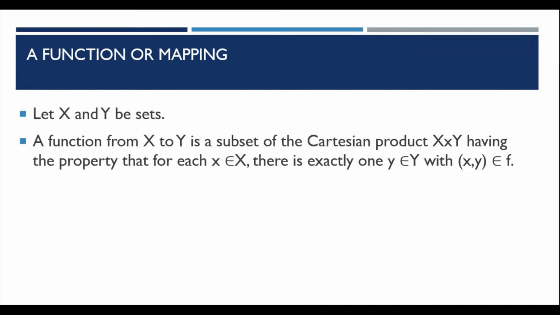This has the property that for each x that is an element or a member of set X, there is exactly one y that is a member of set Y with (x, y) as the element of the function.